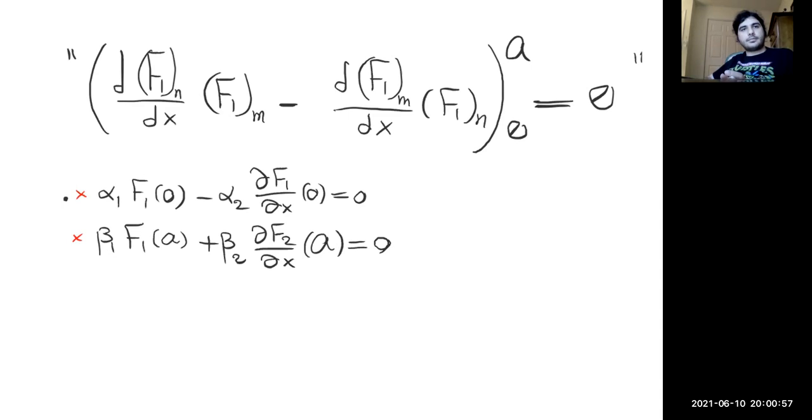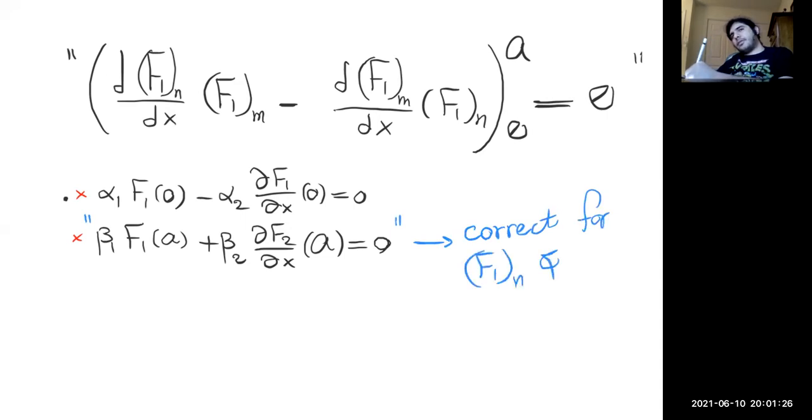Okay, we can look at one or two of these assumptions. Let's focus on one of them. Let's look at the second one. This is supposed to be correct for each f1 which satisfies this equation. Therefore, it should hold for both f1n and also f1m. It should hold for both of them, right?